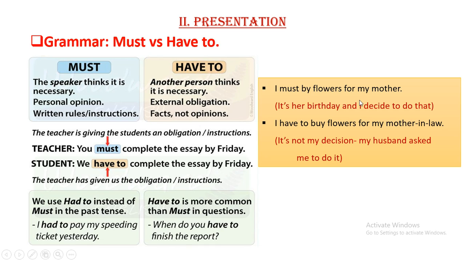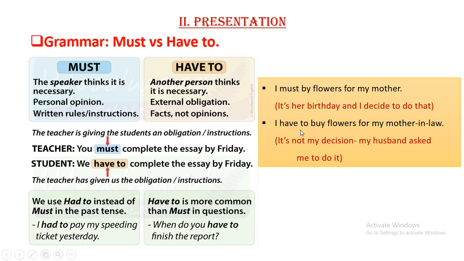So here we are talking about a son or a daughter who is thinking about the necessity of buying flowers for her mother. So by her own opinion, by her own thinking like this, she is going to use must. Because this is about the speaker's own thinking. She thinks that because it is her mom's birthday, she is going to buy flowers for her. No one told her, so she is thinking about herself. So here you're going to use must.